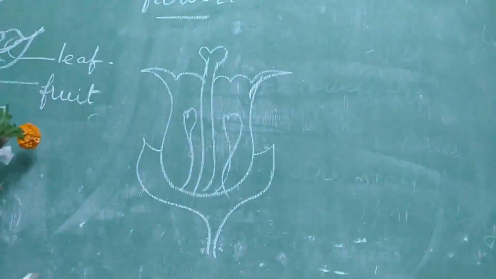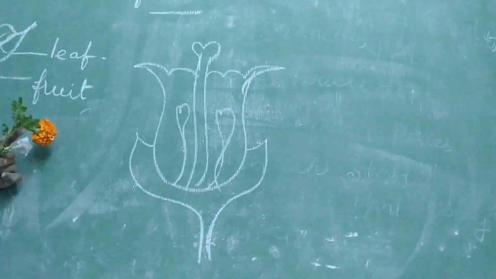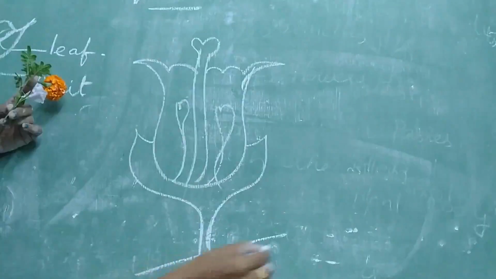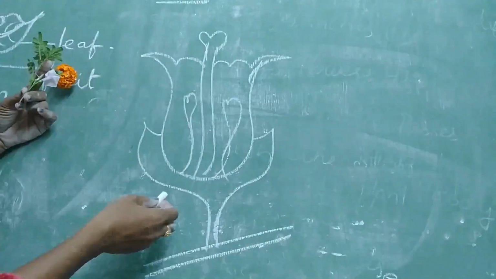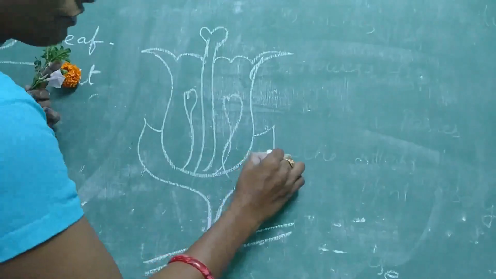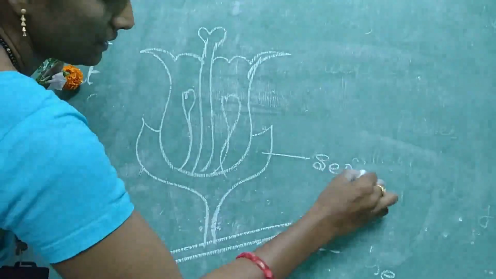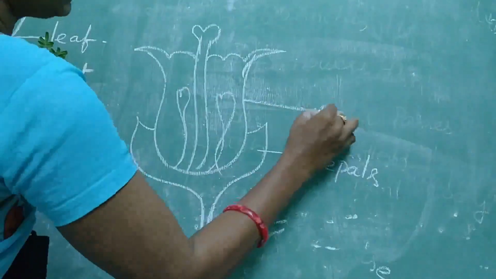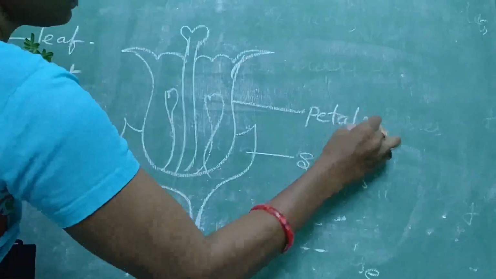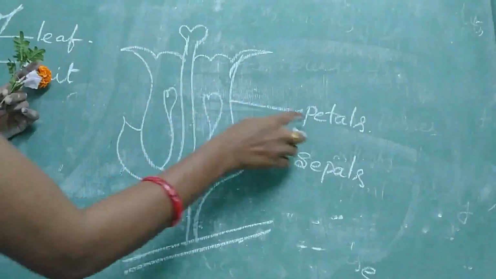This is a 7th class syllabus. The flower consists of a number of important parts. The first part is sepals. The second part, the very colorful part in this flower, is petals.